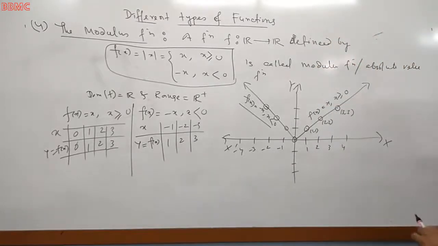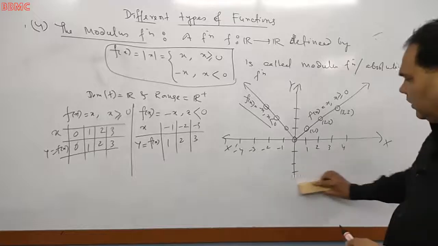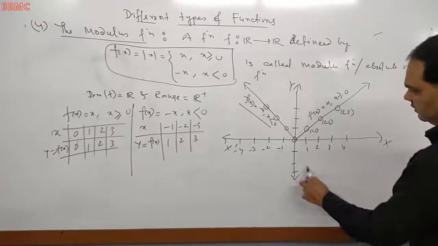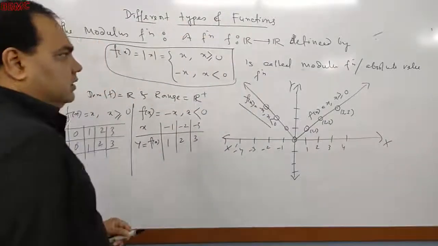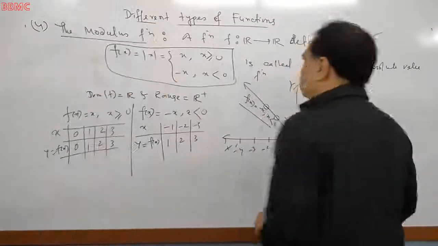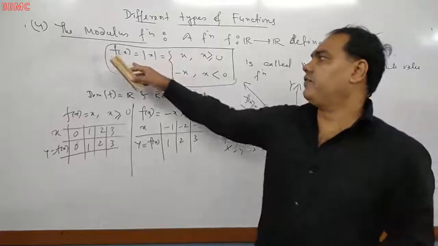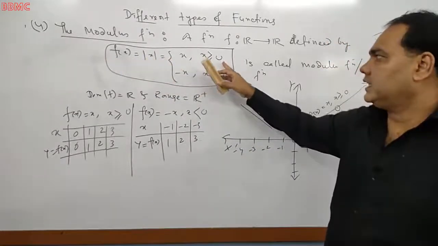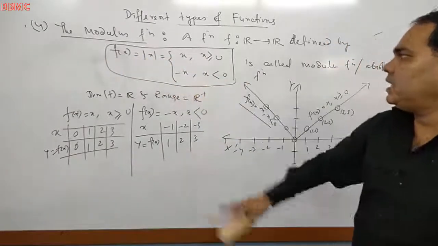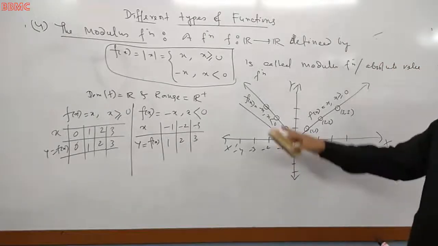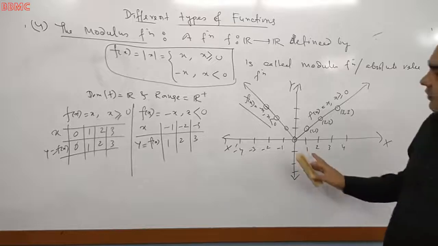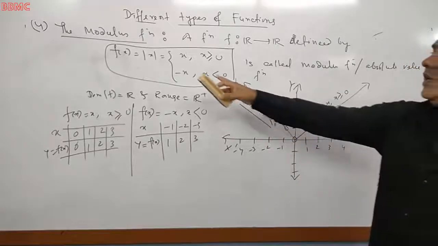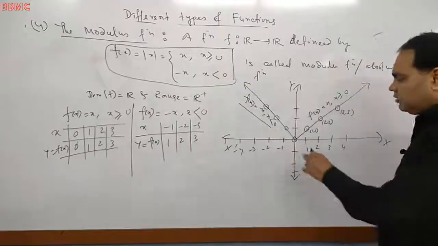It's a very important function. You have to remember this function because in most cases I will use f(x) equal to modulus x, where x is greater or equal than 0, and minus x for x less than 0. This is the graph and this is the definition. From the graph we can say that the modulus function is continuous at x equal to 0.